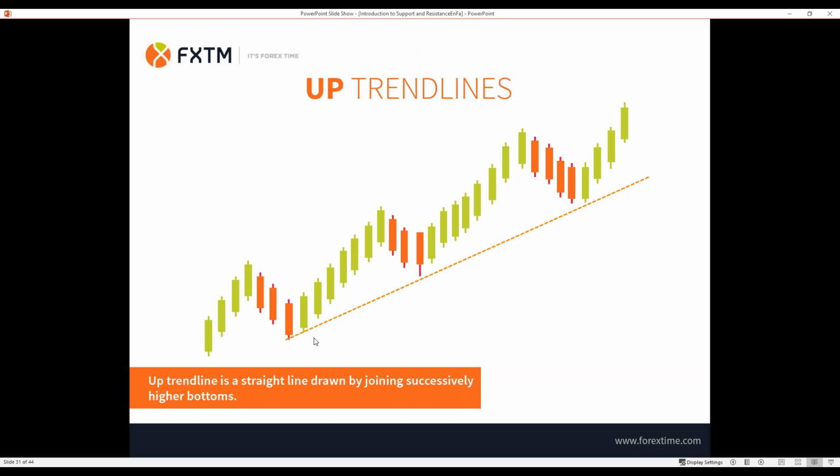So from this point, you can go to this point or to this point here. I chose this bottom and this bottom here to draw my uptrend line. But never forget that you need at least 2 bottoms, 2 points. And another note, very important note here, is that you have to include the shadows as well.